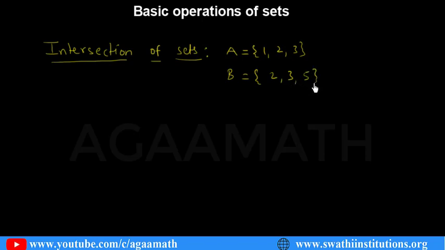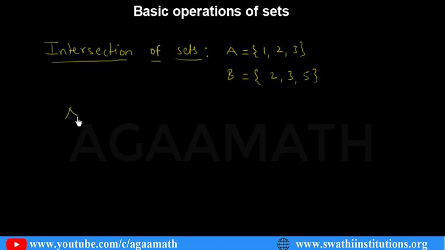Intersection is nothing but the common elements from both the sets, only the common elements. If you look at set A and set B, 2 is common, as it is in both, and 3 is common.